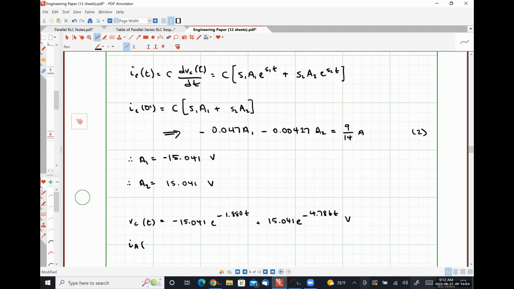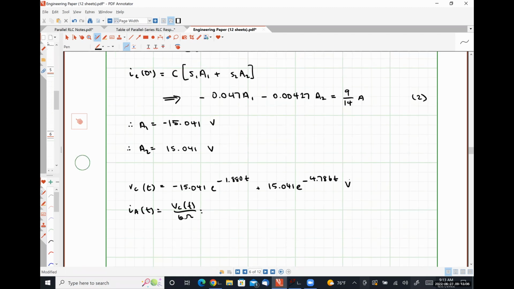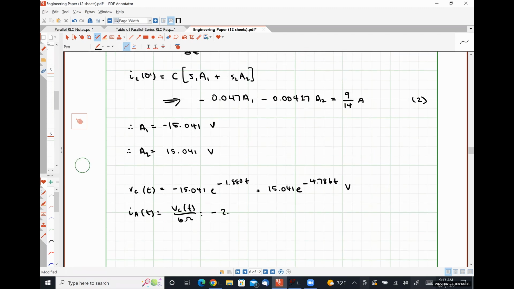And IA of t is simply VC of t over 6 ohms, or negative 2.507 e to the negative 1.880 t plus 2.507 e to the minus 4.786 t.